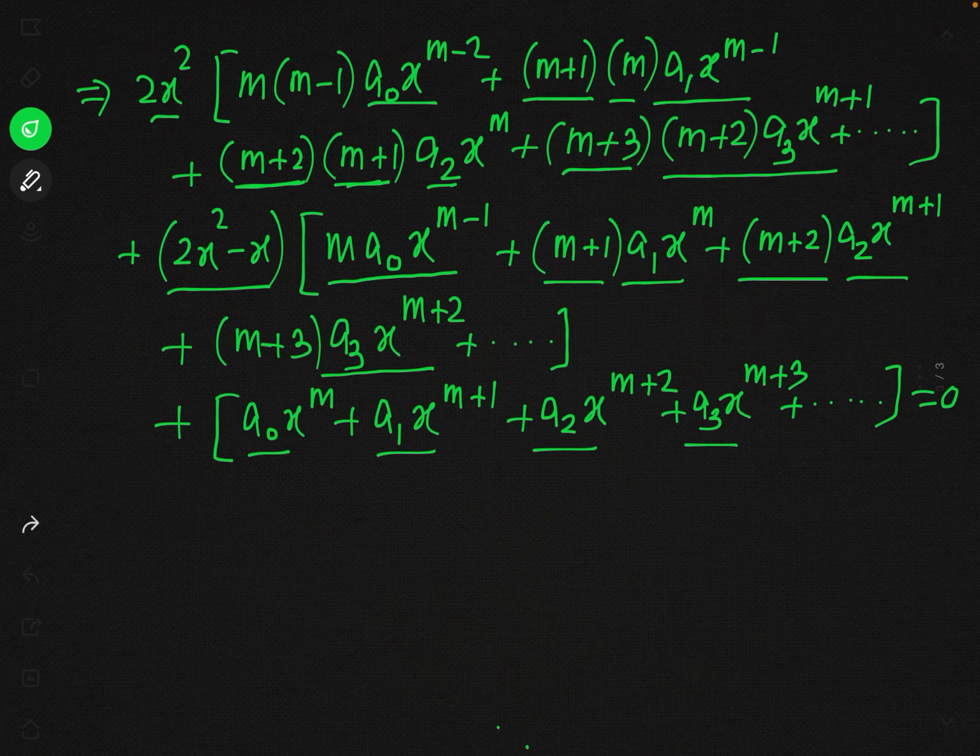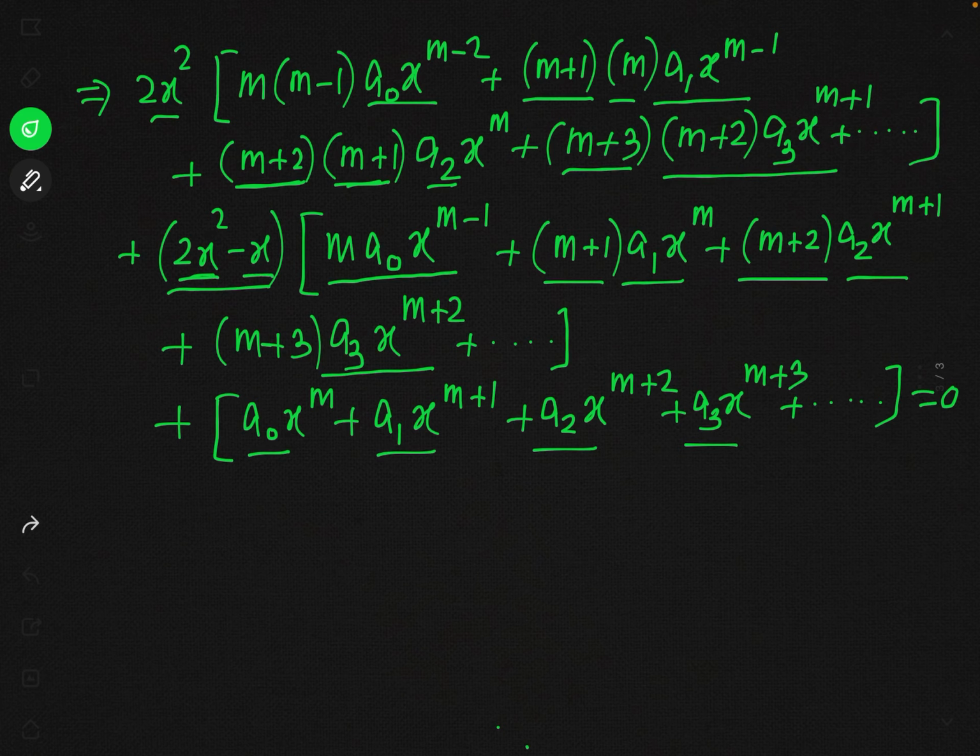Similarly, in the second series, when you multiply by x squared to all the terms, in the first term there will be m plus 1, in the second term m plus 2. So all terms after multiplication by x square will contain x to the power more than m, so that is not the lowest power.